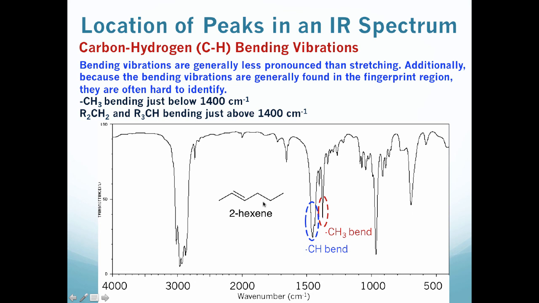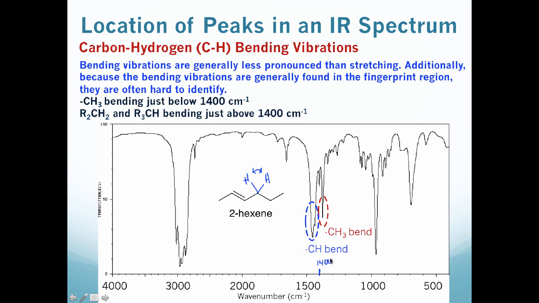All of these carbons have hydrogens, so if we just look at maybe this CH2 group here, this can bend back and forth, changing its bond angle slightly, giving us a bending vibration. And for a CH2 or CH group, the bending is going to occur just above 1400 wave numbers.